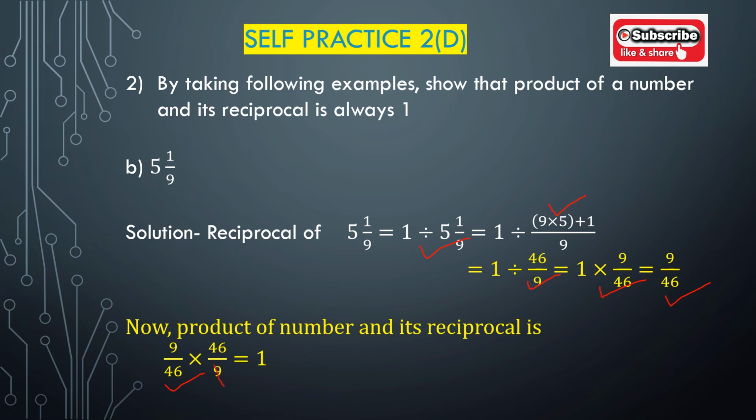We cancel this 9 and 9, and 46 with 46, and we get 1. So the product of a number and its reciprocal is always 1. So the product of 5 1 divided by 9 and its reciprocal is 1. So the product of a fraction and its reciprocal is always 1.